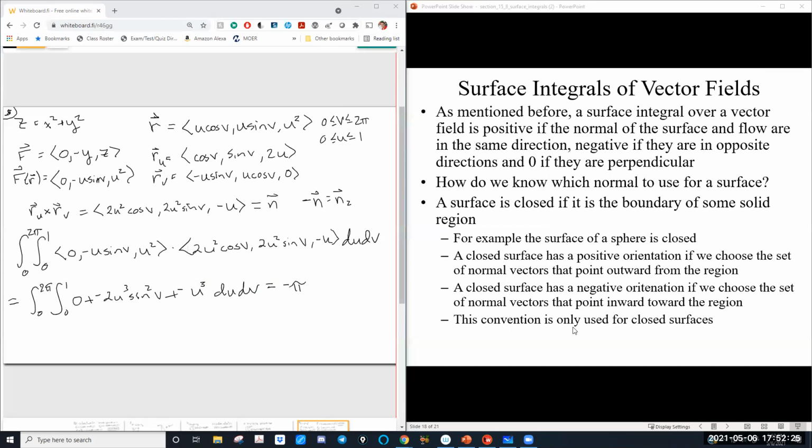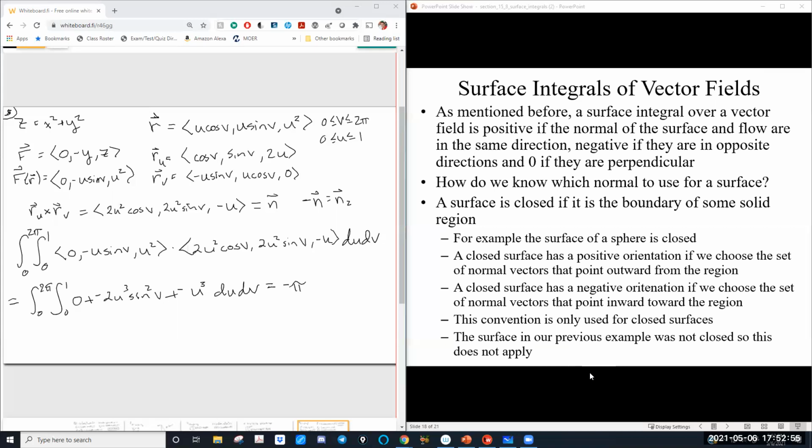But that convention is only used for closed surfaces. So the surface we did before didn't apply. I actually just chose to do outwards of that bowl as the positive orientation. But we could have just as easily called that the negative orientation because it was going down. And then our flux integral would have come out positive because we'd be going in the same direction as what we defined as the positive orientation.